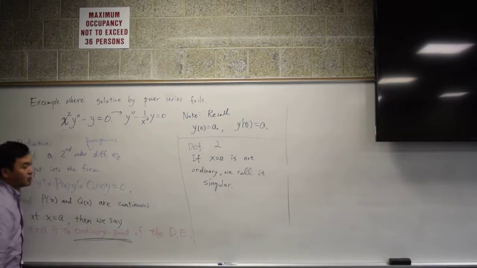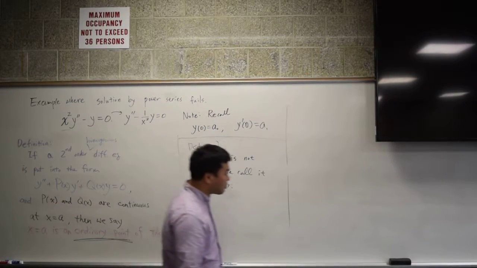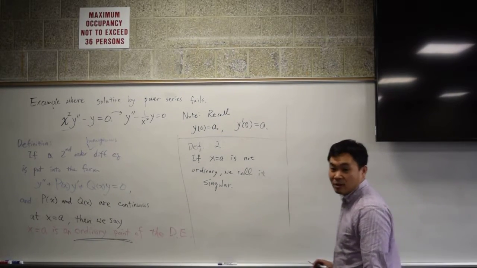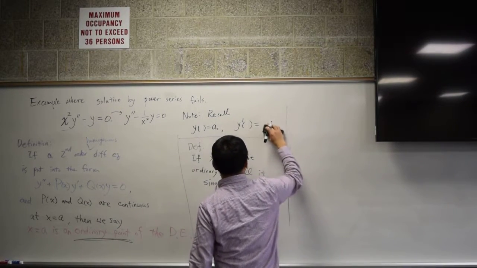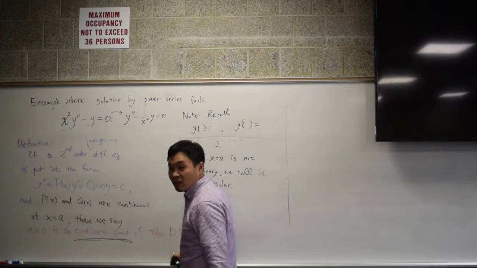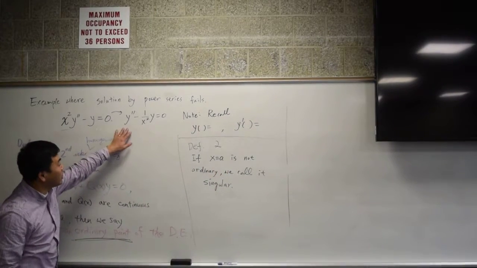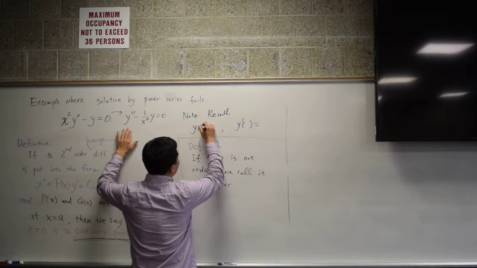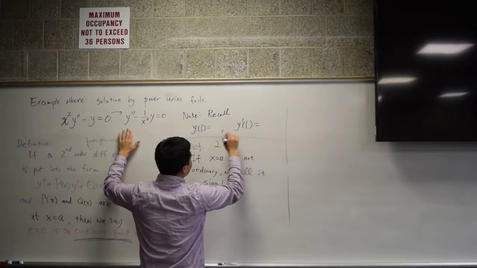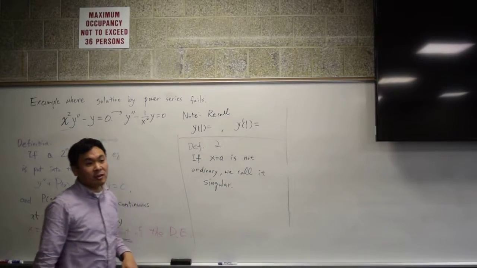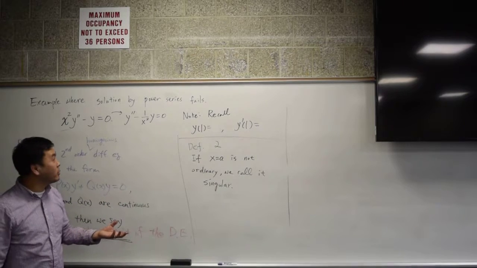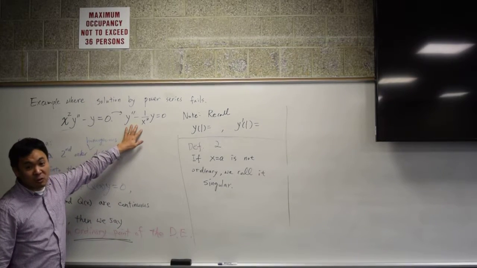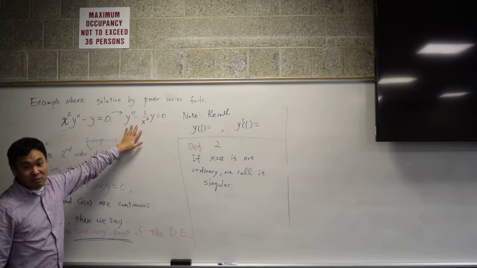Ordinary. Now, why is ordinary important? That's because as long as it's ordinary, then you can put that as your starting point. So for this equation, if you chose a value of y of 1 and y prime of 1 as some value, then because x equal to 1 is an ordinary point, this differential equation will have a solution.